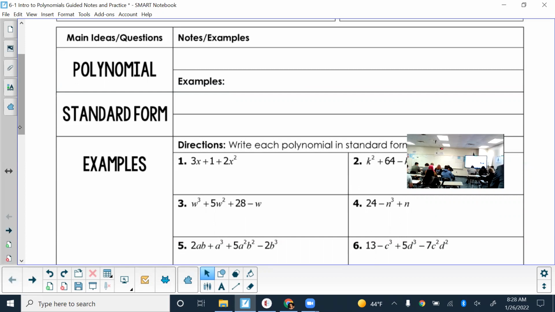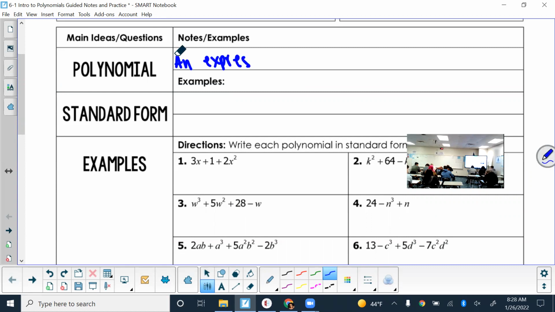So a polynomial is an expression consisting of many terms.